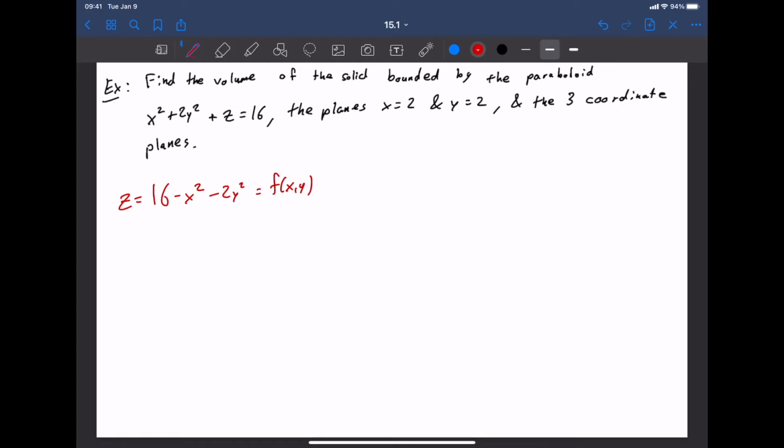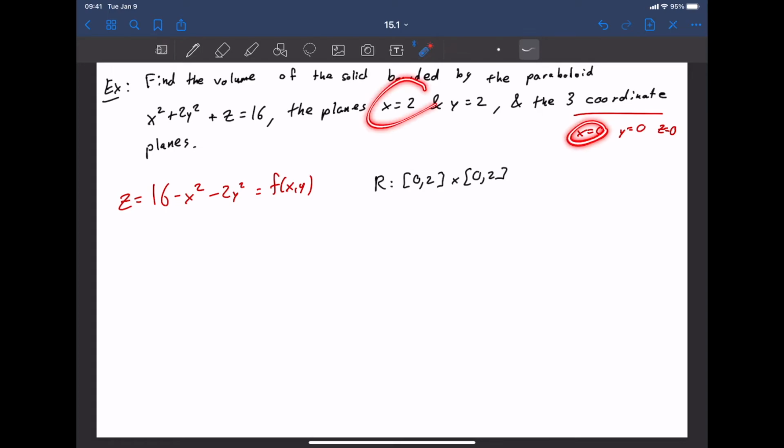Although z equals 0 is not going to matter as much, that just means we are going to stop at the xy plane. This should be clear that we're talking about the rectangle from 0 to 2 by 0 to 2, because the x's go from 0 to 2 and the y's go from 0 to 2. So we do in fact have a rectangle.